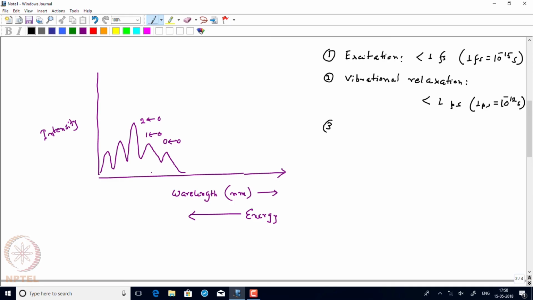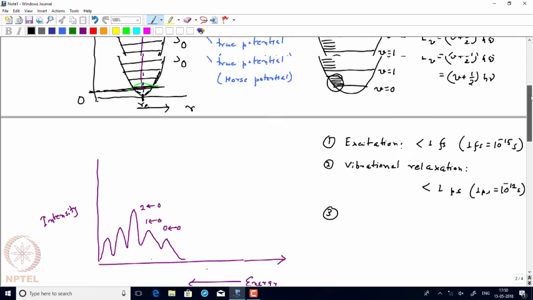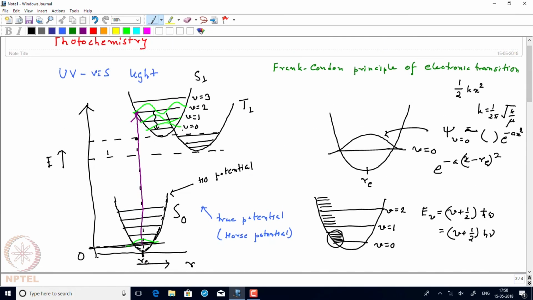Now all the emission will start from this v equal to 0 in the excited state. This assumes that vibrational relaxation is faster than emission. A state, say for example v equal to 2, can actually radiatively emit to the ground state, but that probability will be very low because most of the population quickly leaves v equal to 2, comes to v equal to 1, quickly leaves v equal to 1, comes to v equal to 0, and there it stays for a while, and from there it emits.